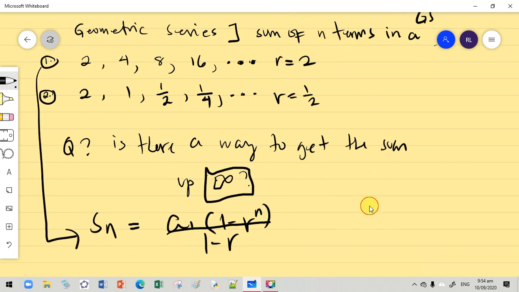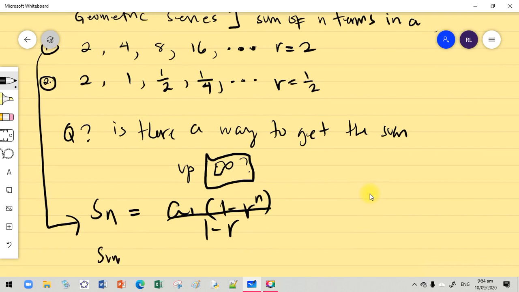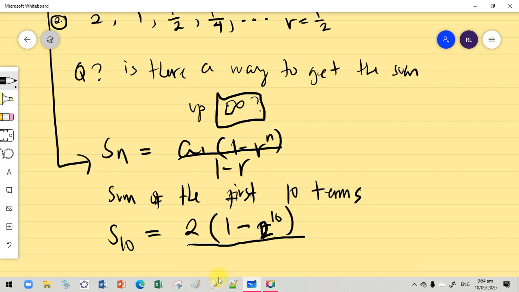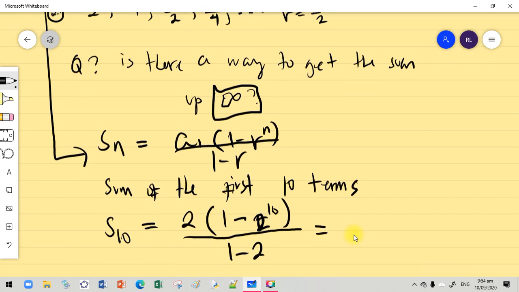If you're concerned with the sum of the first 10 terms, we will have S sub 10, or the sum of the first 10 terms: a sub 1 is 2, which is our first term, and you have 1 minus r raised to 10. r is 2, so that's 2 raised to 10, divided by 1 minus 2. 1 minus 2 is negative 1.